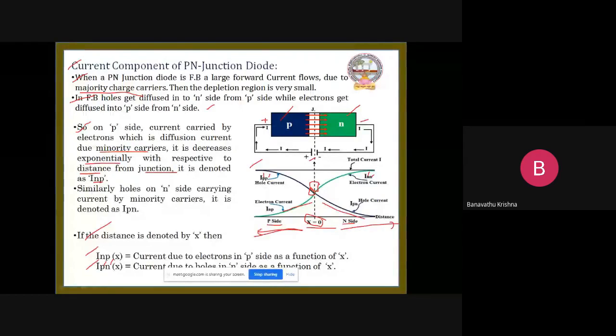The minority charge carrier currents, from N side to P side and P side to N side, decrease as X varies.